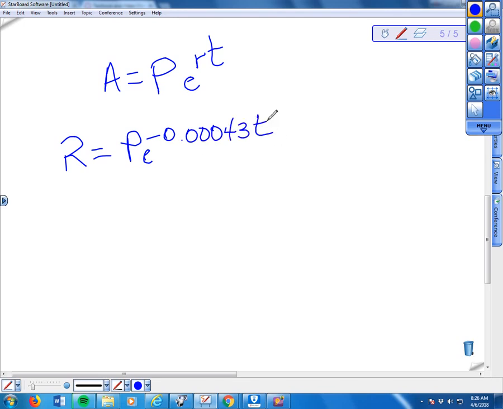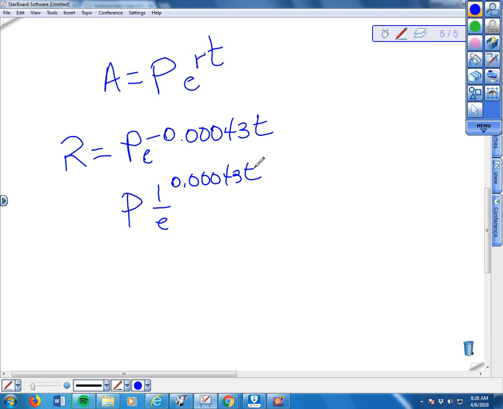Why is the negative there? If you have a negative exponent, what does that tell you about whether it's growth or decay? The negative exponent actually makes this 1 over that, right? To this rate. And remember, e is the number, about 2.718.